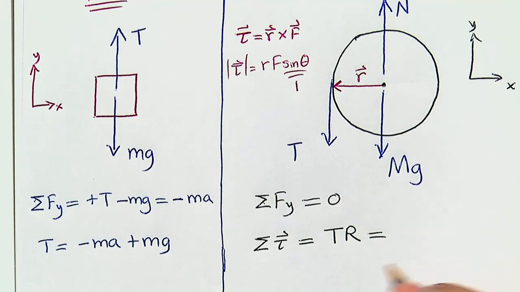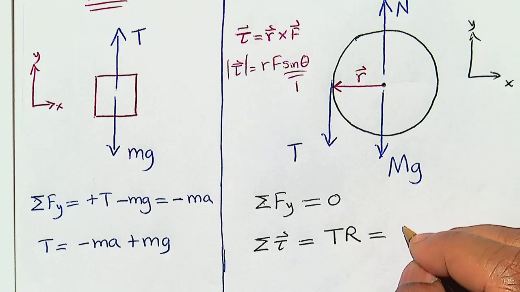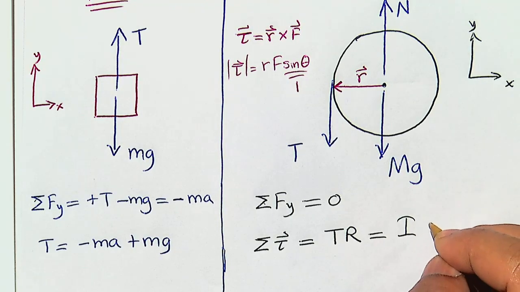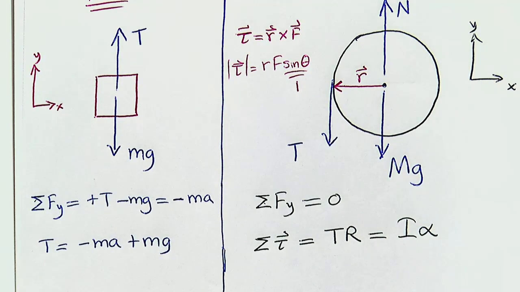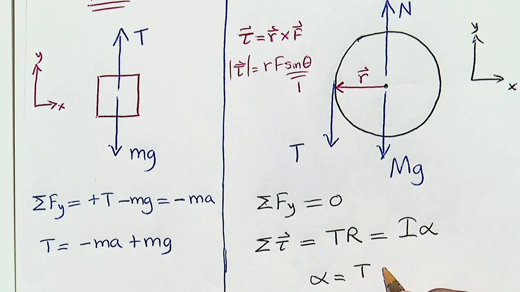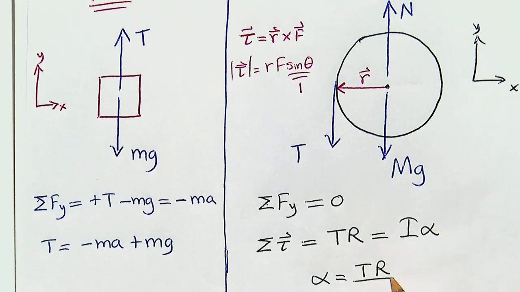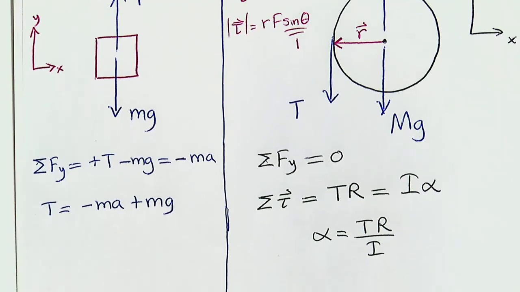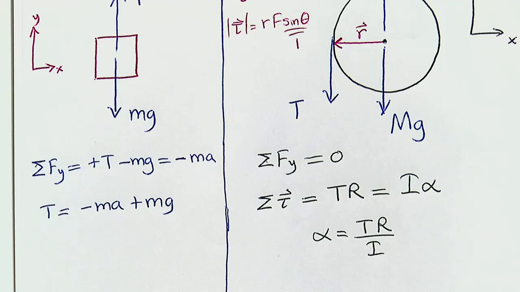That torque has to equal the moment of inertia times alpha, the angular acceleration. So that allows you to solve for angular acceleration: it is the tension times R divided by I. Still making progress.